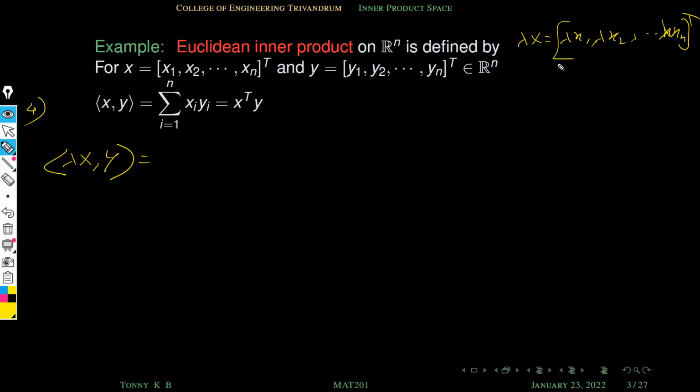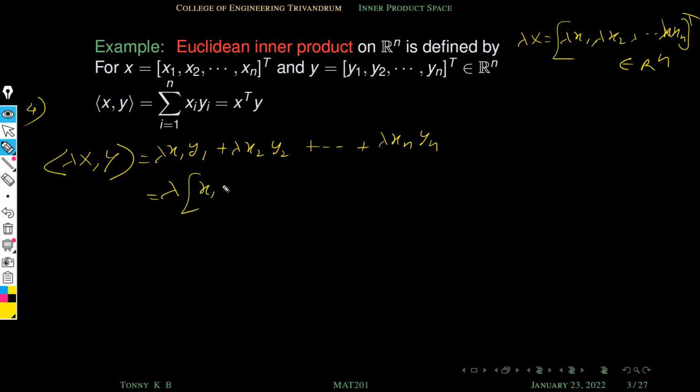Next we have to consider the inner product between lambda x and y, because lambda x is also a member of Rn. It belongs to the vector space. So by definition, this is lambda x1 into y1 plus lambda x2 into y2 etc. plus lambda xn into yn. And here lambda is common. It's a real number, so we can take it outside.